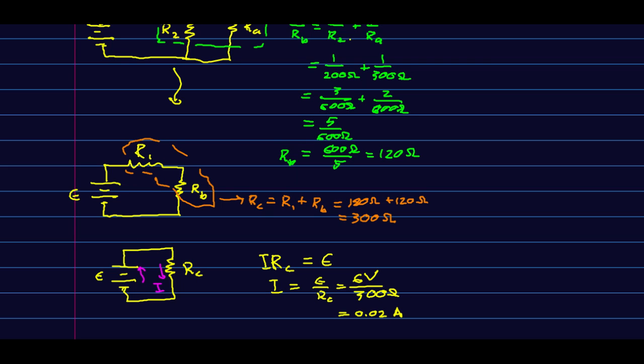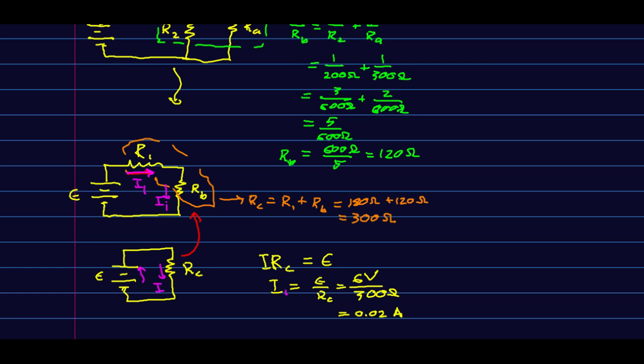Okay, so now you look at what happens climbing back up here. RC breaks into R1 and RB, which are in series. So that same current I flows through each of them, which means we now know I1. I is just I1.